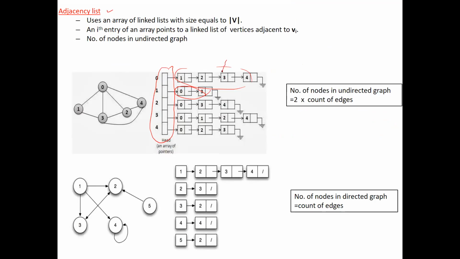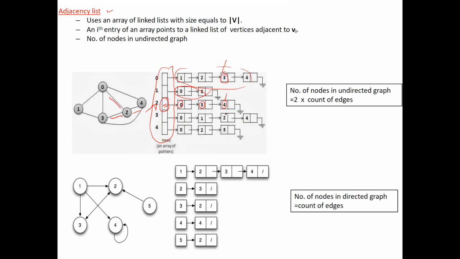A single node in the linked list represents, say for vertex index 2, that 2 is adjacent to 0, 2 is adjacent to 3, 2 is adjacent to 4. So at the second index, the starting address of that linked list will contain the data portion, and a pointer to the next node within that linked list.